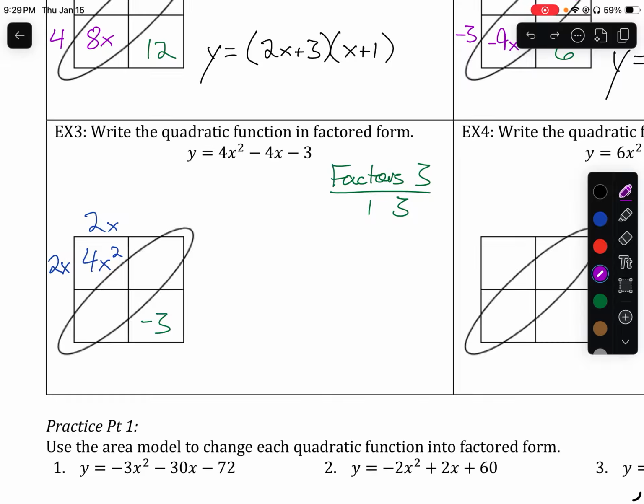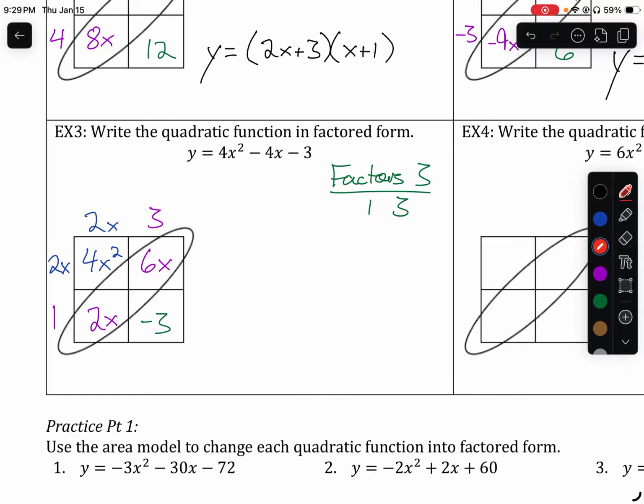So if I said this was 3 and this was 1, now they're both doing 2 times that. So I know that this is 2x and this is going to be a 6x. Silly.